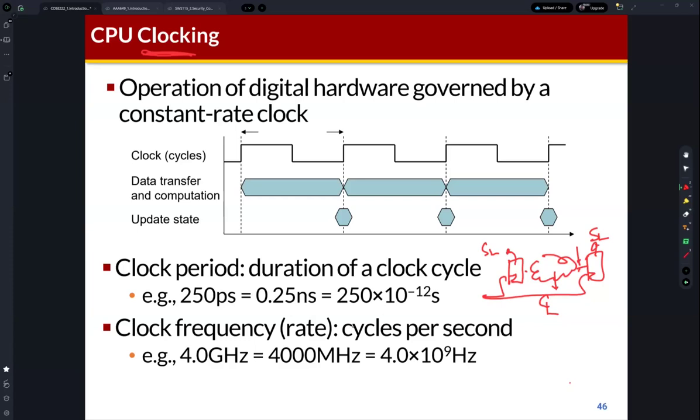So if you want to buy a new smartphone and you want to buy a higher performance one, then you can compare. So usually we can compare the clock frequency of the CPU, right?